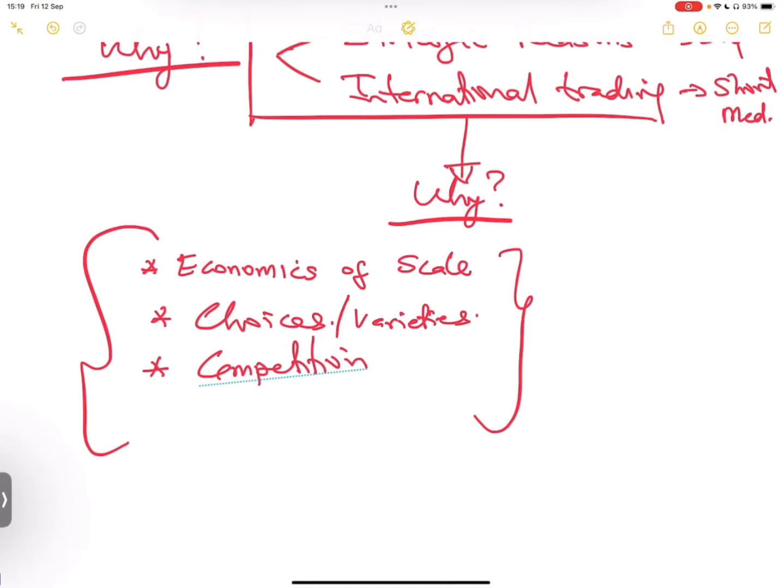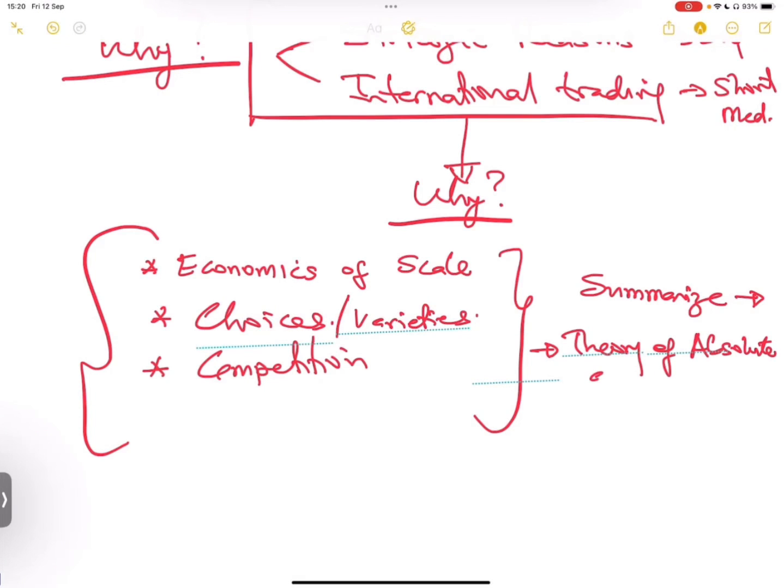Yeah. So if you understood those whys, they try to do things internationally, they go into different countries. But all of this, you can actually summarize into two things. And that is what you call two theories: number one, the theory of absolute advantage, or what you call comparative advantage.